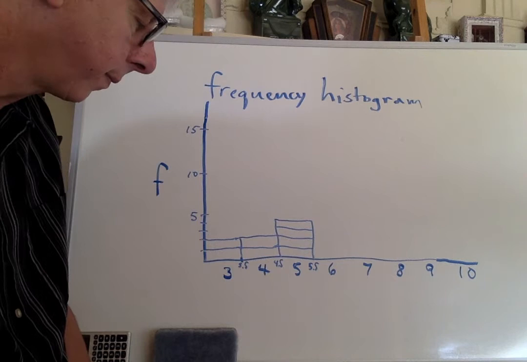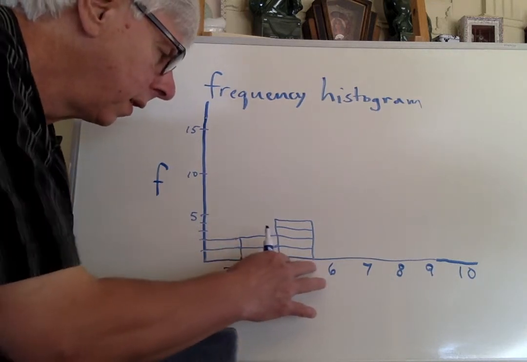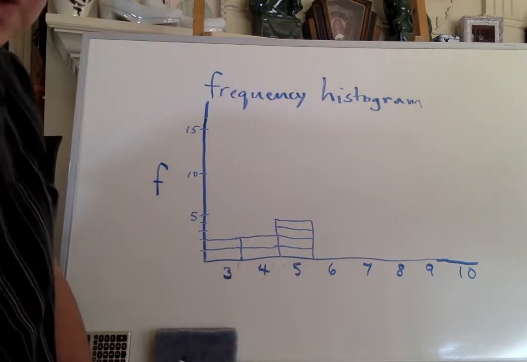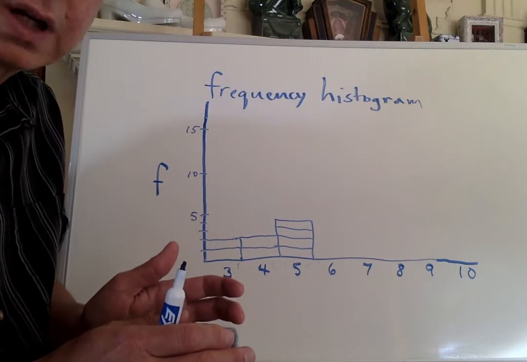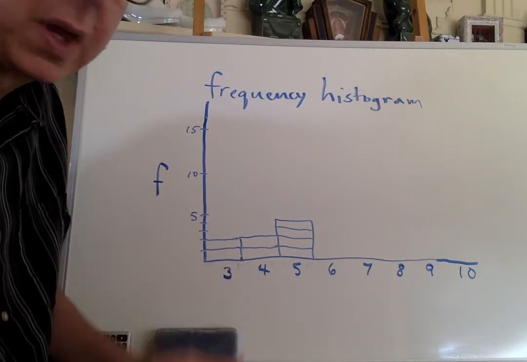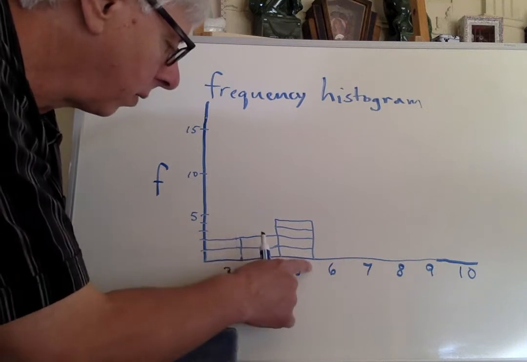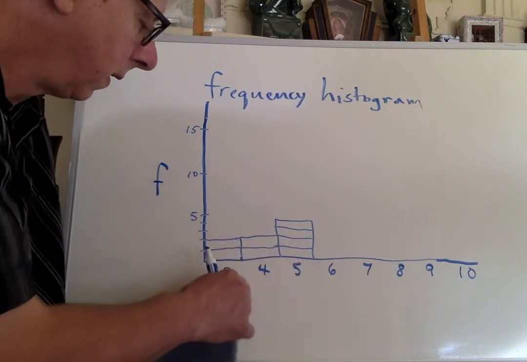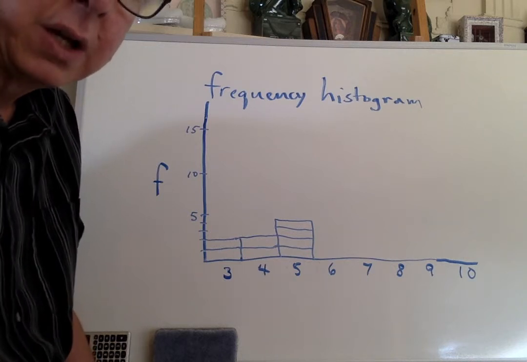Okay, but we don't need to put those in there, but it's just sort of a pictorial representation of our upper and lower real limits. You know, they're really there, but we just have no way of measuring that with the instrument that we had for happiness.